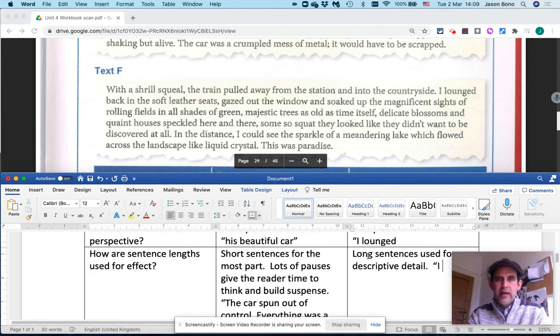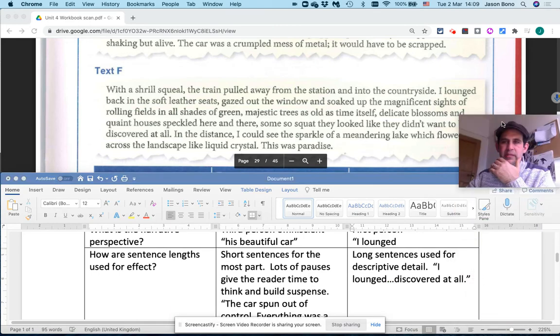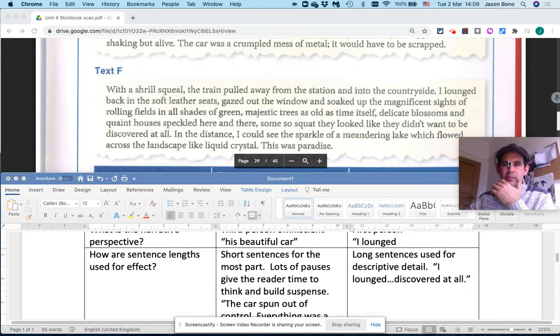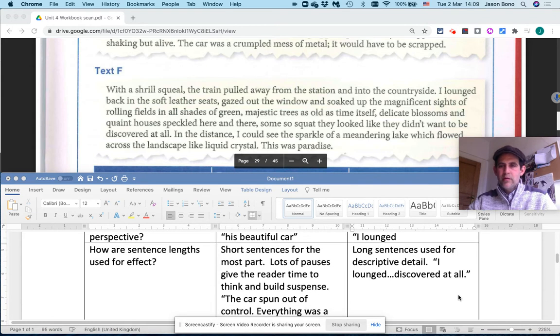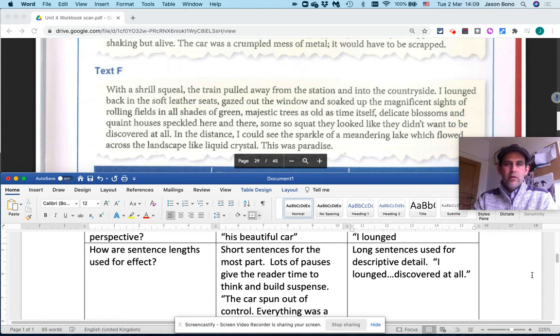I'm not going to quote the whole sentence. I'm just going to say, I lounged, and use an ellipsis to show that there's something that comes between. And that sentence goes all the way to discovered at all. Now, I'm going to move myself out of the way there. What I can add there, there's something about that sentence.